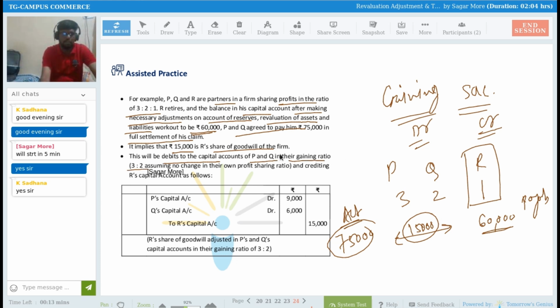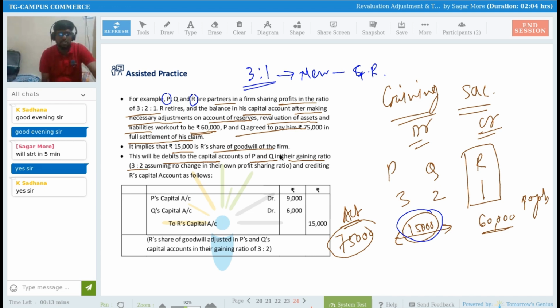If nothing is given in the question regarding gaining ratio and sacrifice ratio, as I said, you have to consider the continuing partners P and Q's old ratio. Their old ratio is 3:2, and this old ratio becomes their new ratio and their gaining ratio as well, right? So we pass the journal entry for the difference, that is 15,000 rupees, in the ratio of 3:2 between the partners.